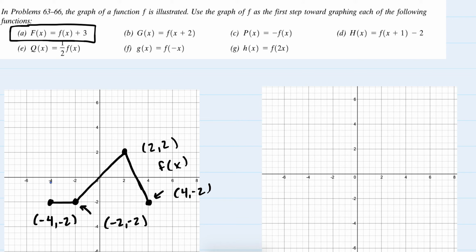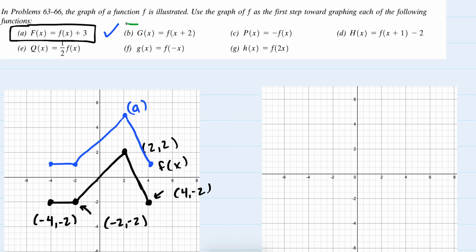So this is going to go up 1, 2, 3, and this is going to go up 1, 2, 3, and this 1, 2, 3. So my graph is going to look something like that. That's part A.